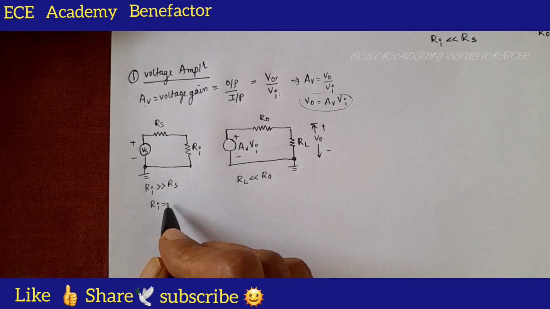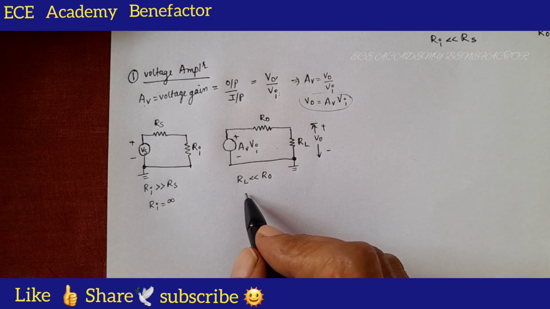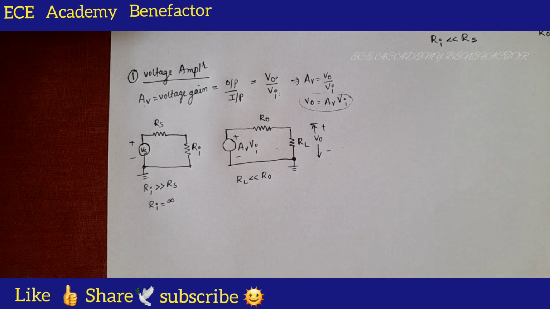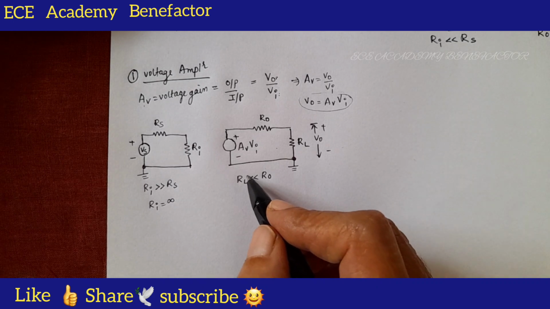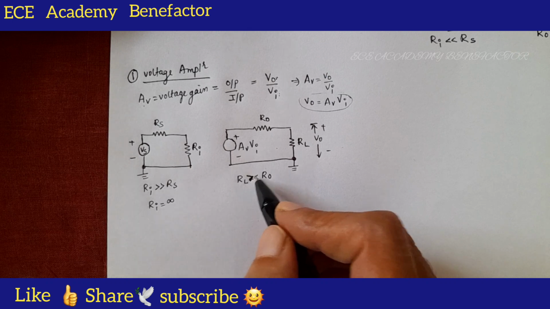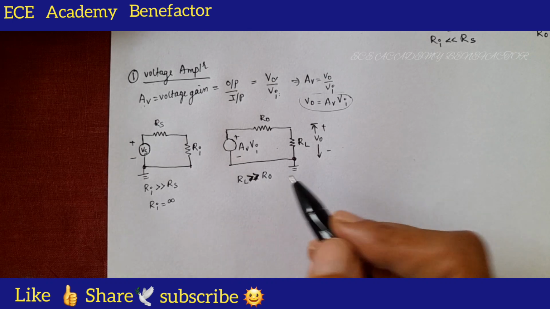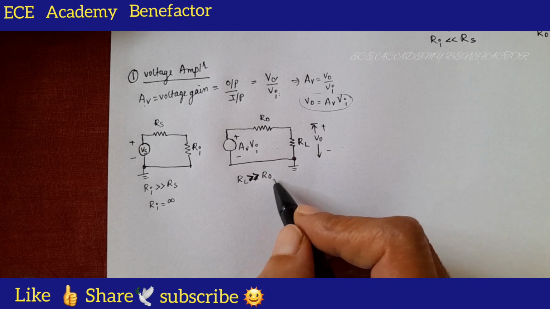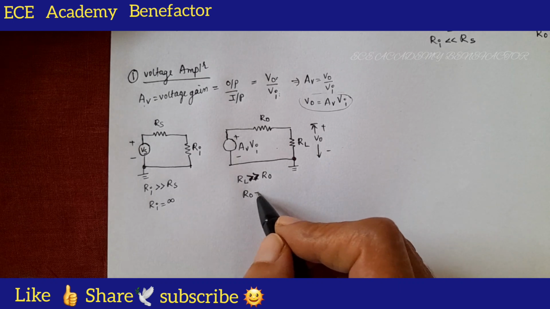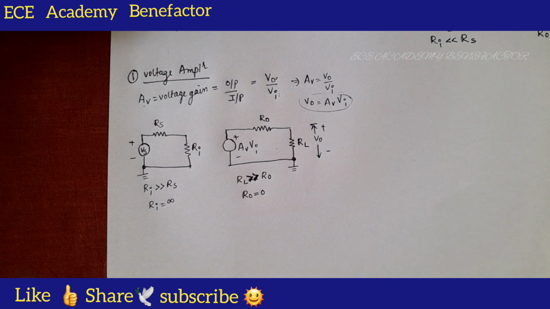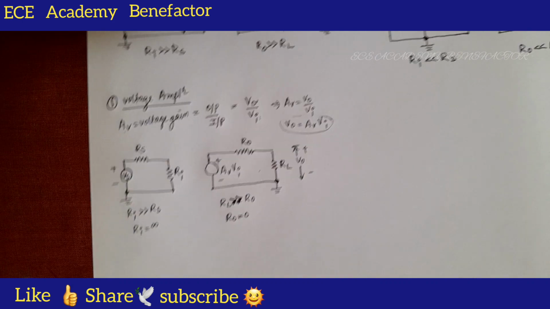It is infinity. And what is the R naught value? RL is very large compared to R naught. So, what is R naught value? R naught is 0 ideally. So, this is how we can draw the voltage amplifier.